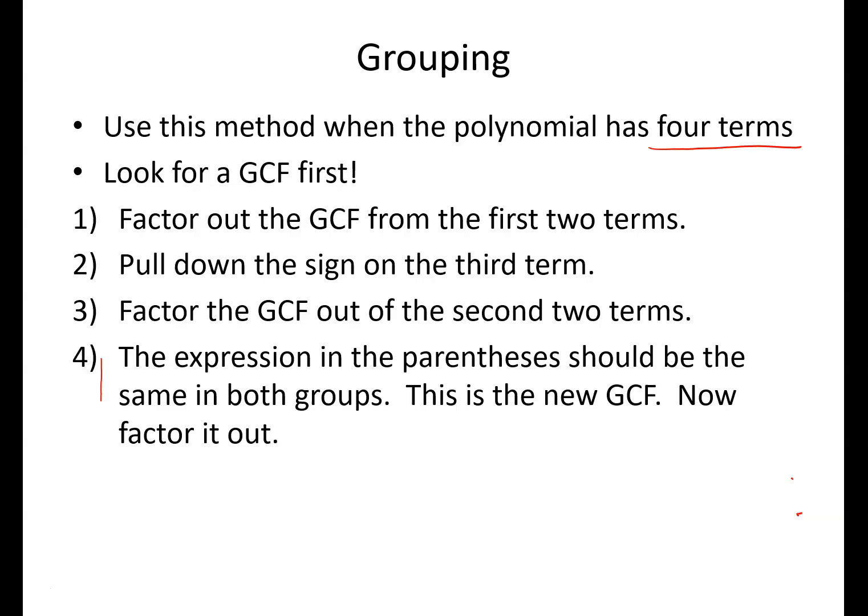If there is one, factor it out. If there's not, just begin your steps. So step 1, you're going to factor out the GCF from just the first 2 terms. And rather than reading all these to you, I will say them as we work some examples. So let's go ahead and look at our first example.